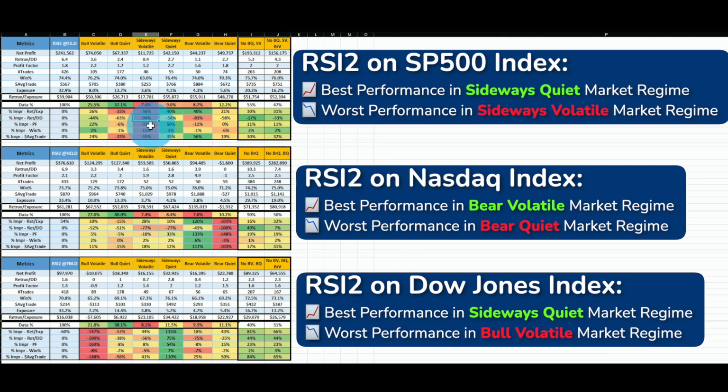The best performing market regime is the sideways quiet for the S&P 500, the bear volatile for the Nasdaq, and the sideways quiet for the Dow Jones. So here, at least we have the same market regime that the strategy behaved the best in.